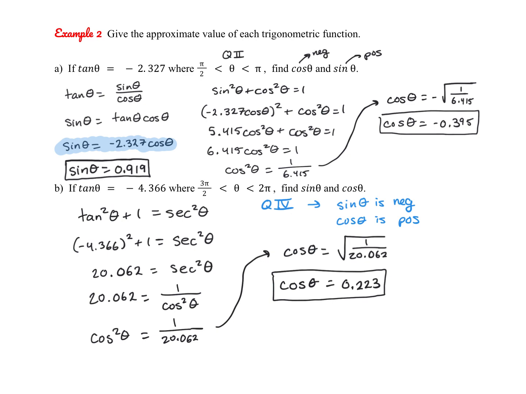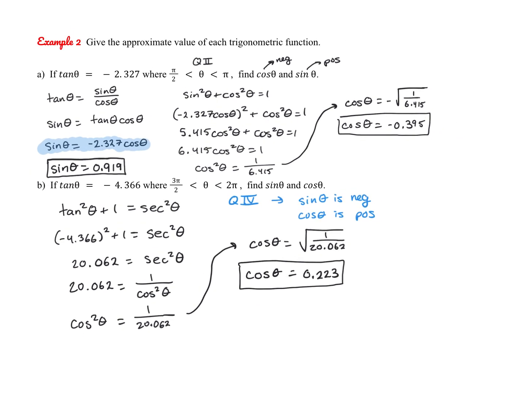And then there's different routes we could take to find the sine of theta. Since we know tangent, we could use that same starting ratio. Tangent of theta equals sine of theta over cosine of theta. So the sine of theta is going to be tangent of theta times cosine of theta, and both of those are values that we have.